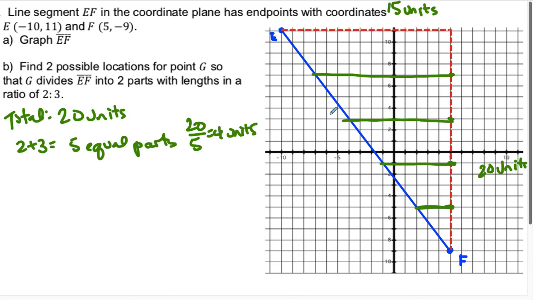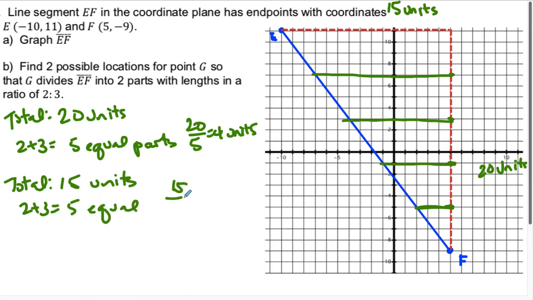And this is going to kind of work itself as well, but I just want to make sure it does. So 15 units now. If my total is 15 units, then I want 2 plus 3, which is the same, 5 equal parts. So 15 divided by 5 is 3 units. So every third unit is going to create 5 equal parts. So 1, 2, 3.